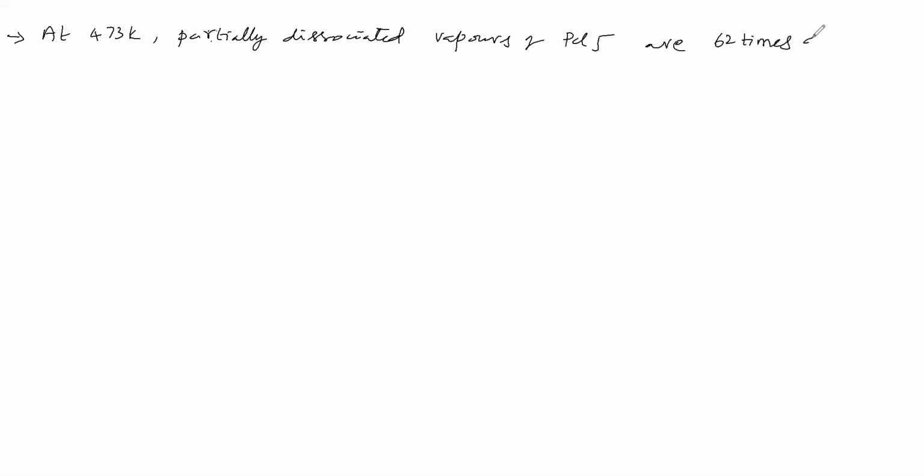Let us go to the next sum. At 473 Kelvin, partially dissociated vapors of PCl5 are 62 times as heavy as hydrogen.